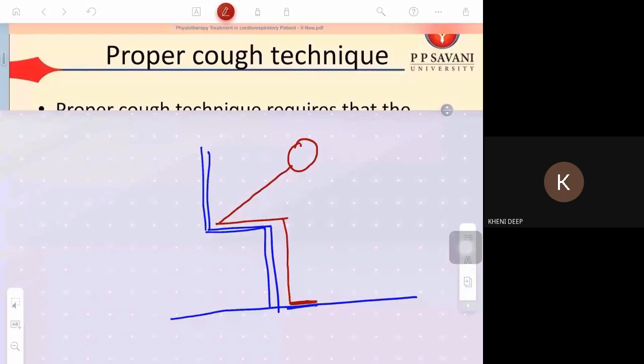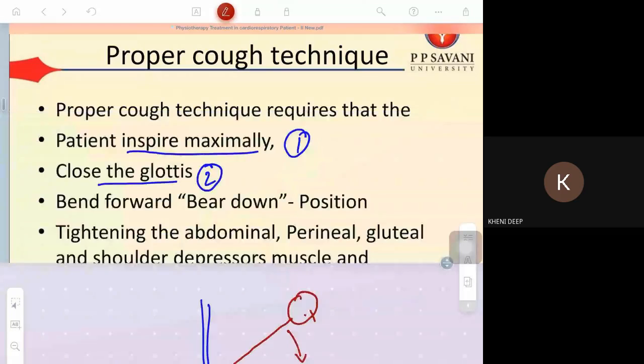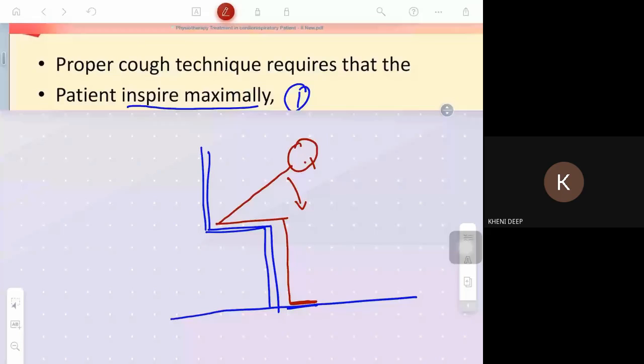The patient is bending forward. So what is the benefit of this position? This is called the bear down position. Bend forward and bear down position. What is the advantage?